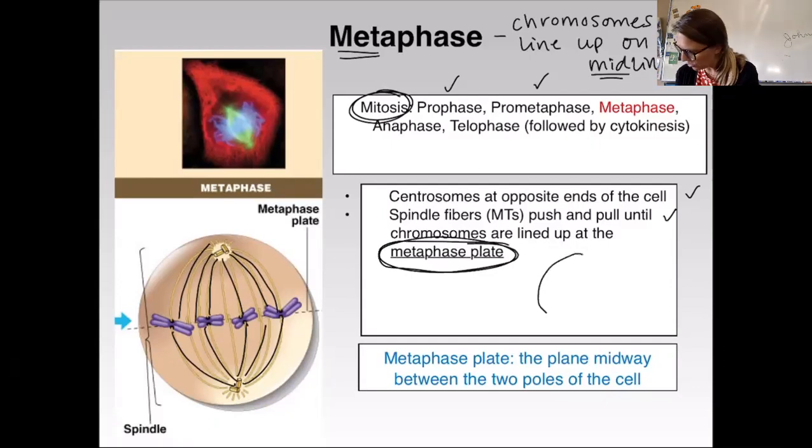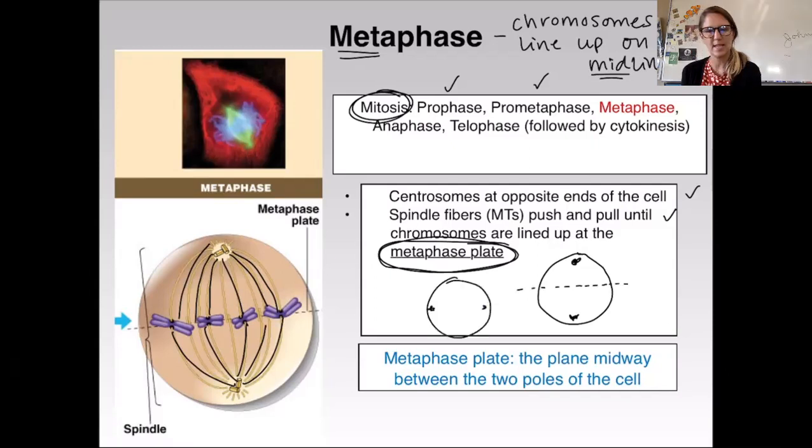So if you're ever drawing a cell and you have centrosomes on this side, the midline is going to be between them. If I drew my centrosomes on this side, the midline would be this way. And you just have to make sure that you draw your chromosomes correctly, because there will be some drawing on the test.